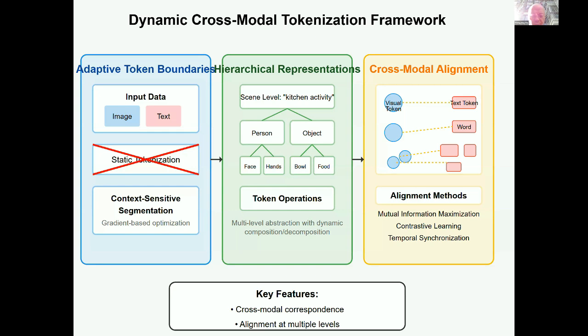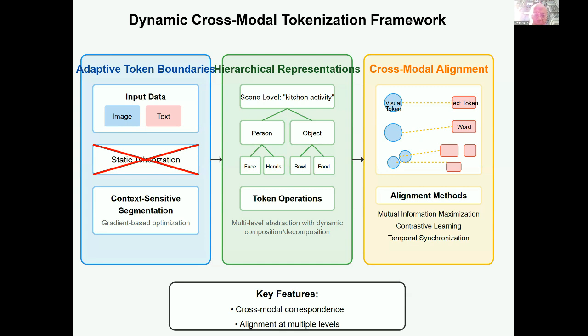This approach extends the standard transformer architecture with 3 main components that you can see on the screen. First, adaptive token boundaries that respond to content and context rather than using fixed tokenization. This is very important. I think it's also the challenge of AI development.